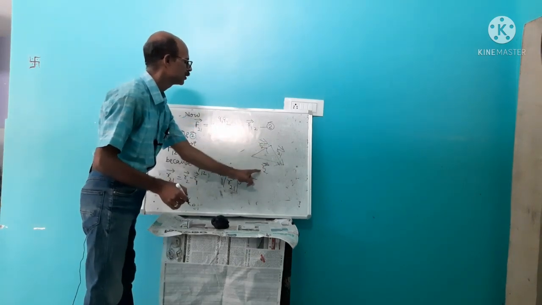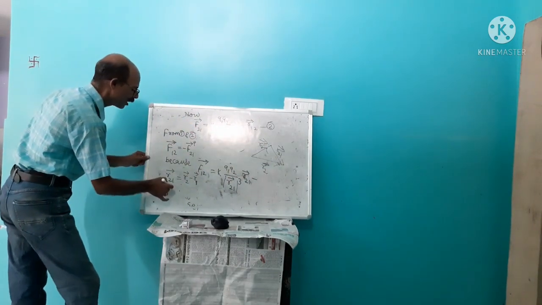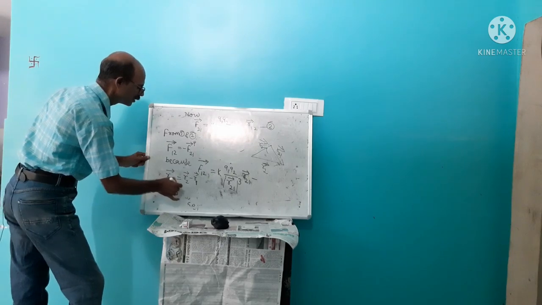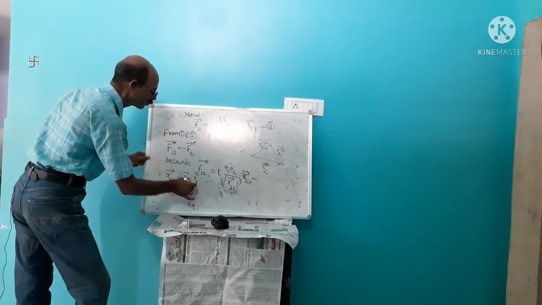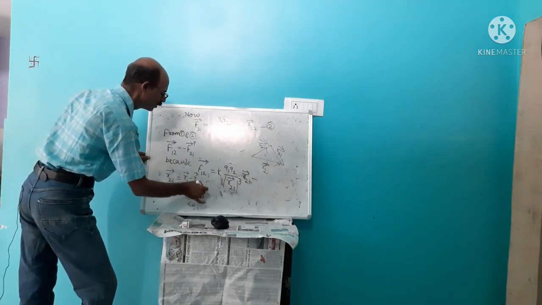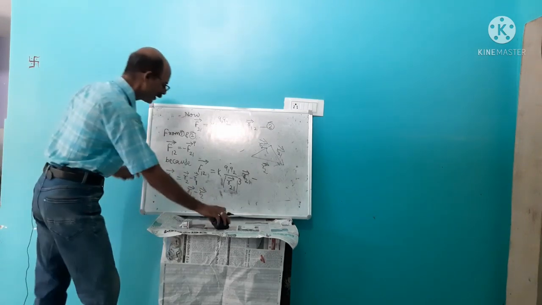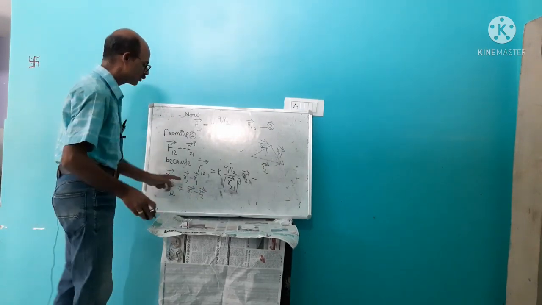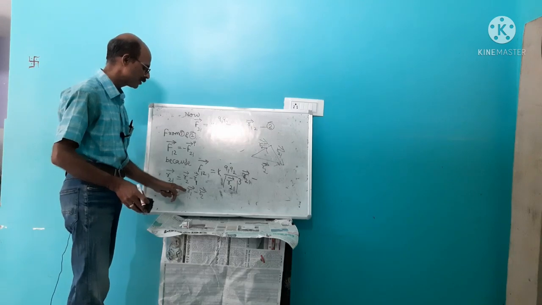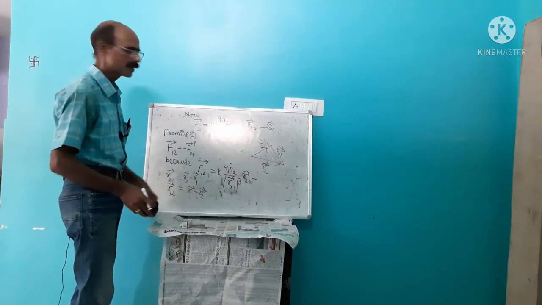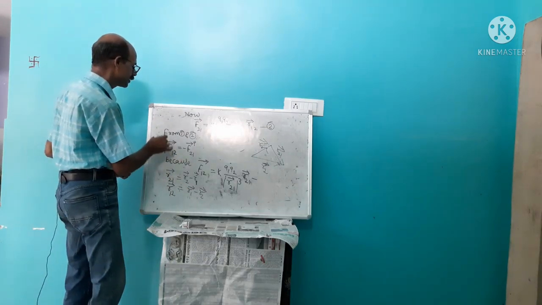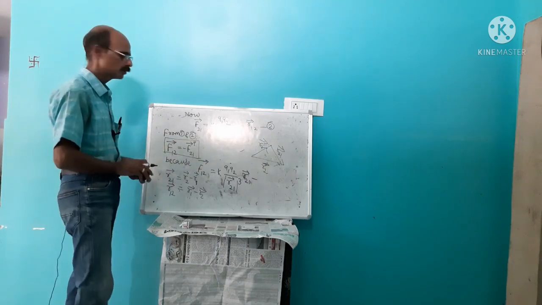R1 plus this is equal to R2, so R2 minus R1, and R12 will be vector R1 minus vector R2. So they are negative of each other. Vector R2 minus vector R1 is equal to minus of vector R1 minus R2. So we will get vector F12 is equal to negative of F21.